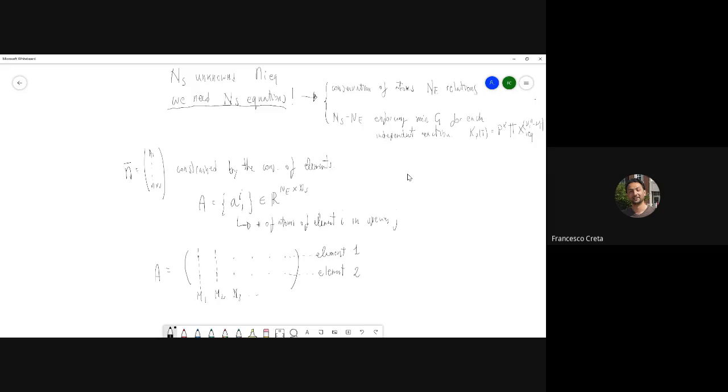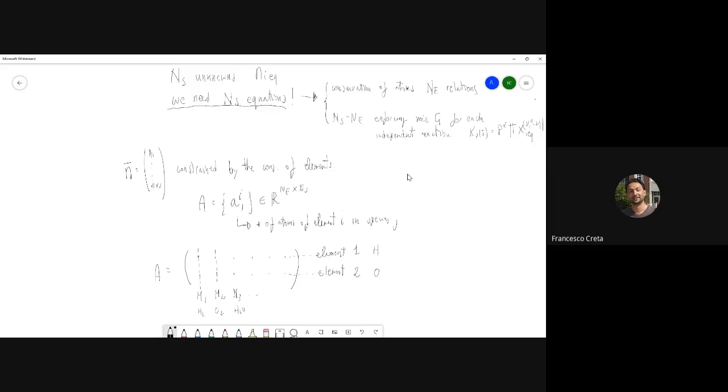So if you have hydrogen and oxygen, you associate, for example, the first row to the hydrogen atom, the second row to the oxygen atom, and then the columns will be, for example, the molecular species hydrogen, molecular oxygen, and the third will be H2O.